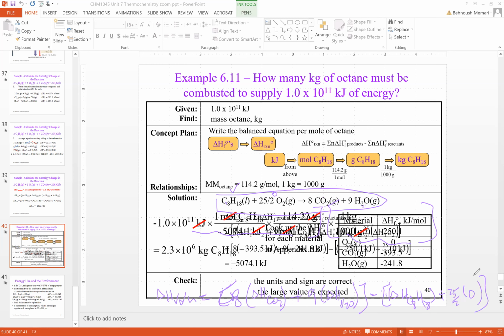Okay, so this is going to be 0, and then you do the calculation. This is the delta H for 1 mole.